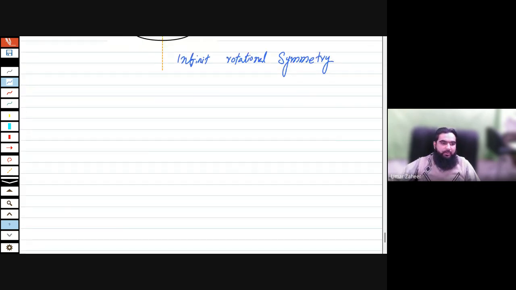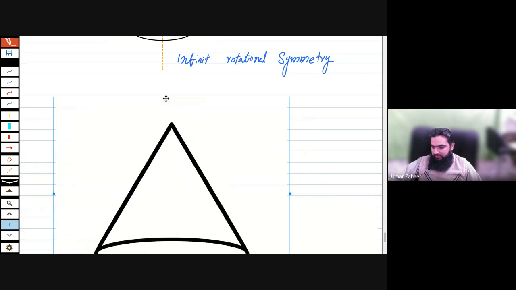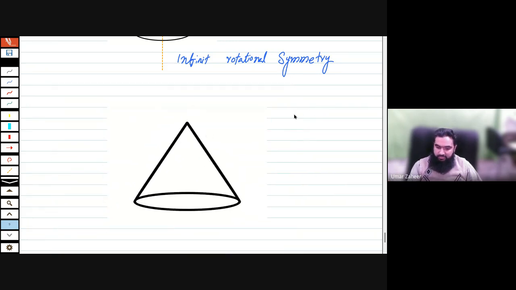And if we talk about the cone, C-O-N-E, cone. Now it's a cone here. We have to talk about the symmetry of this one.